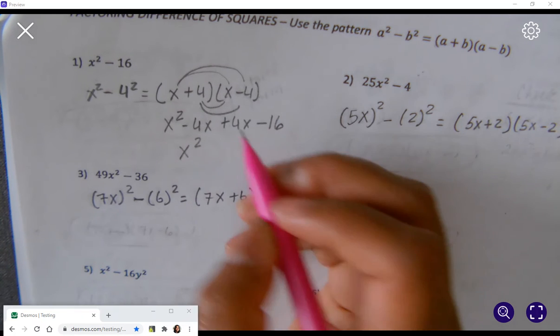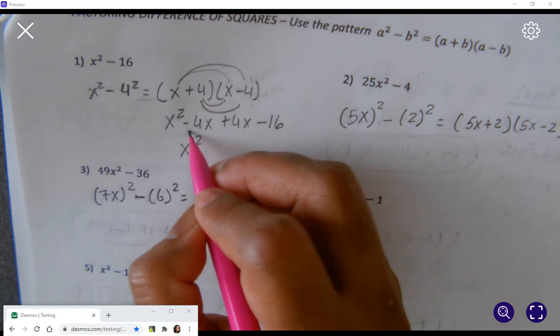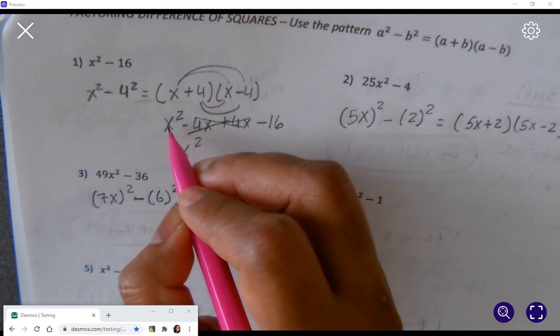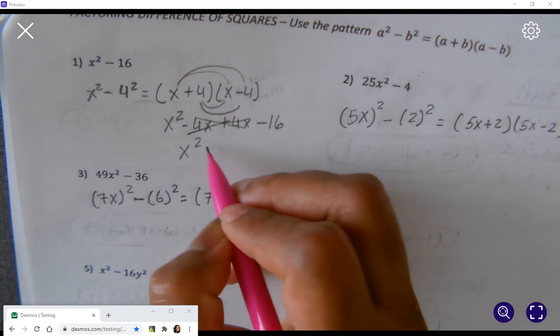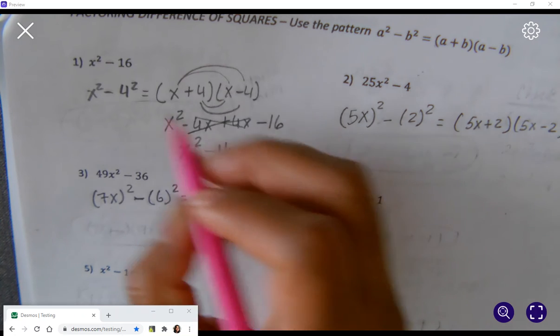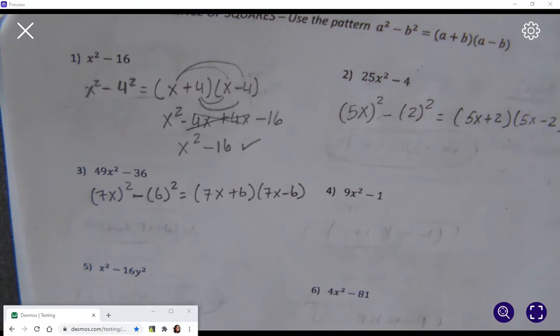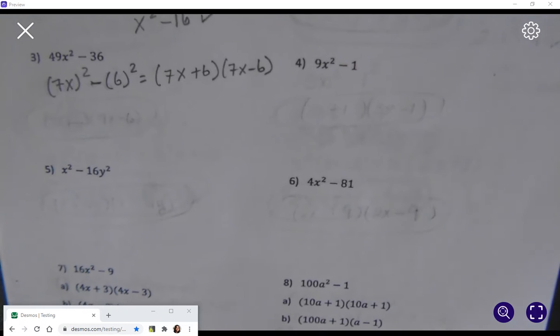See how negative 4x and positive 4x cancel each other out. So all you have left is x squared minus 16, and that's my original. Okay, so this checks out. You can try the rest of them, but they're all going to work.